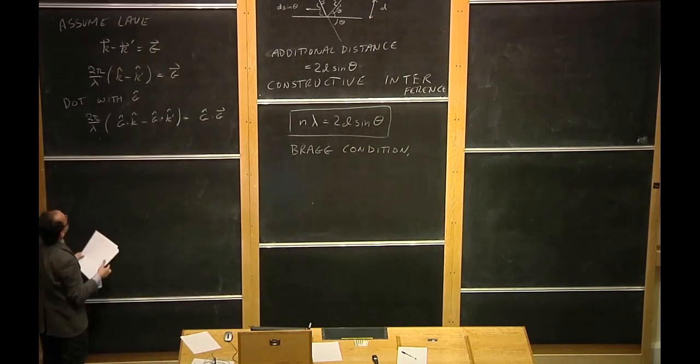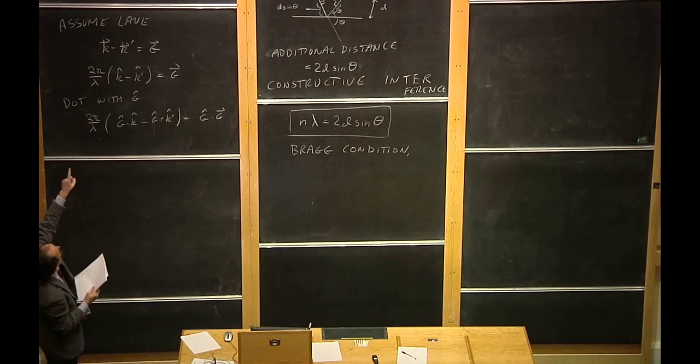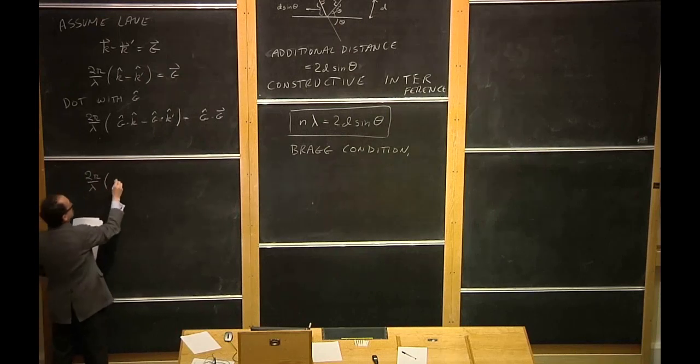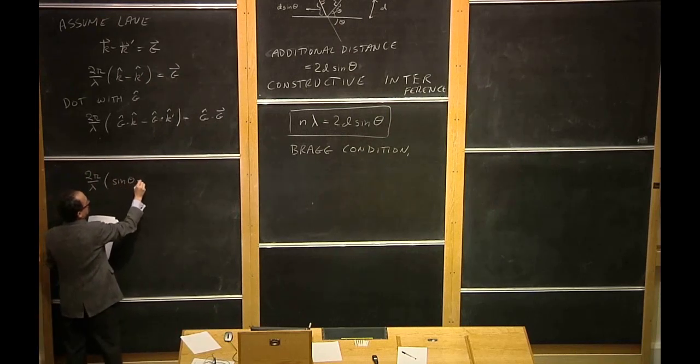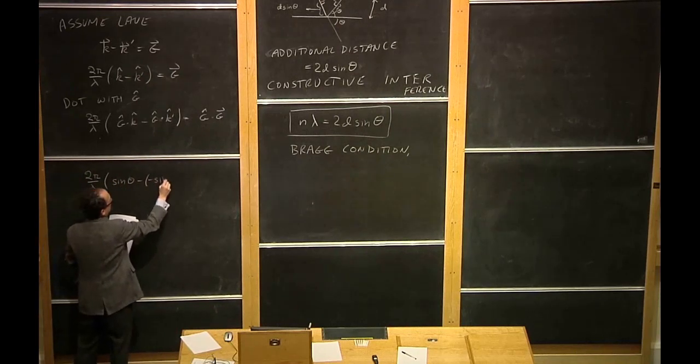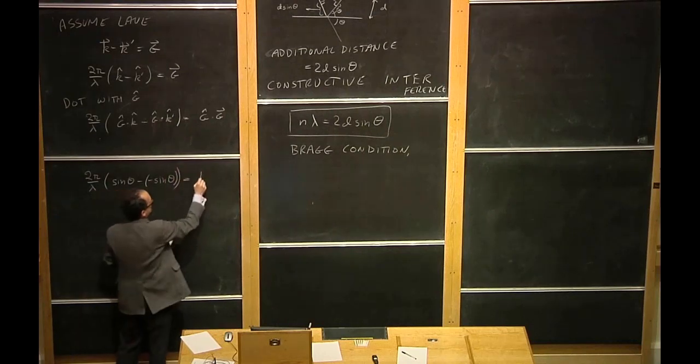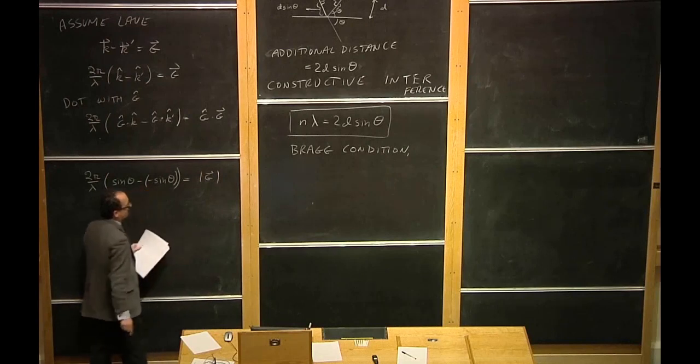Okay, then we'll substitute in. We just had that G hat dot k hat is sine theta, so we'll substitute that in. So we get 2 pi over lambda times sine theta, the second term is minus sine theta, and then G hat dot G vector is just the absolute value of the G vector.